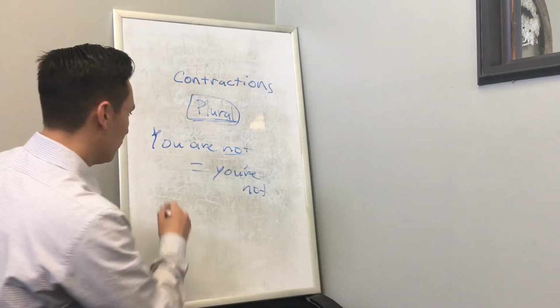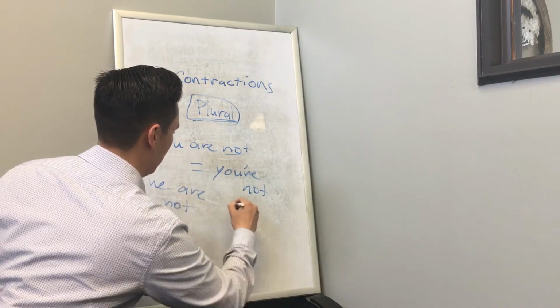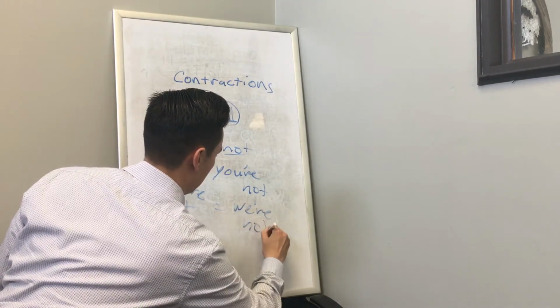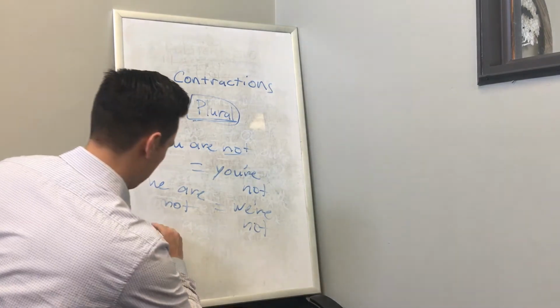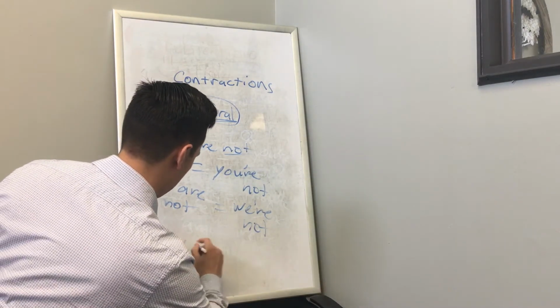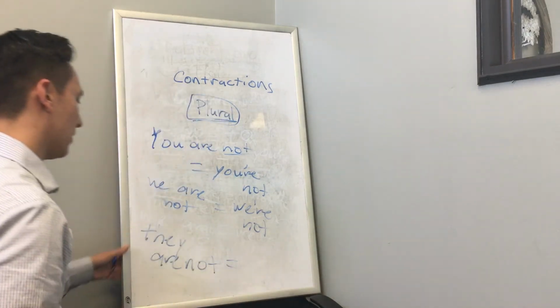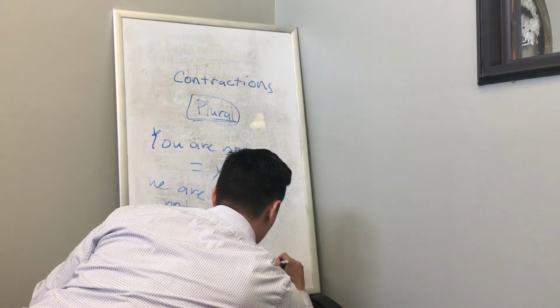And then we can do we are not. We are not equals we're not. Same thing. And lastly, they are not, es igual de, I'm gonna need some new markers.